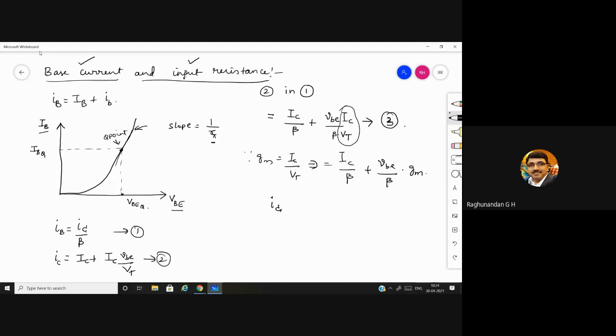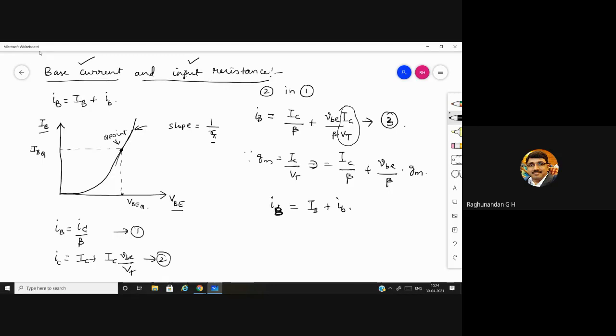Now this is capital B. Capital B is equal to, since we are substituting here, to avoid the confusion we can write, IB plus small ib. So our main intention is to find what? Whether to find the DC current or small signal current.